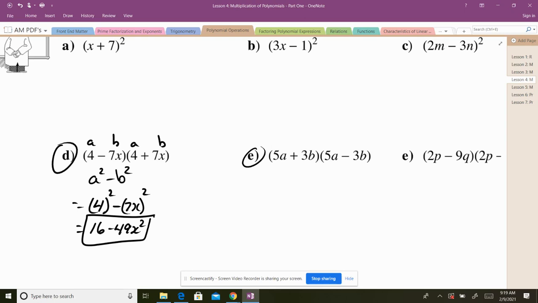E, are the numbers inside the brackets the same? So you know it's going to be a squared minus b squared. So it's going to be 5a squared minus 3b squared. What's 5a squared?